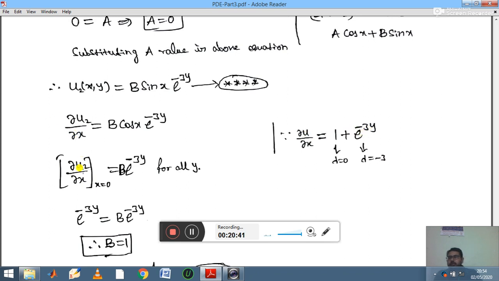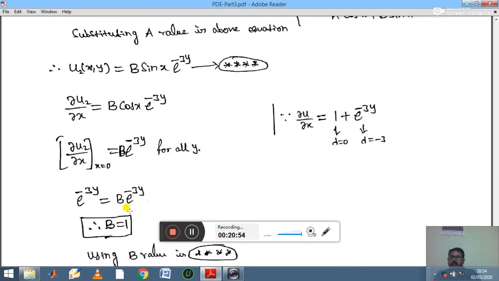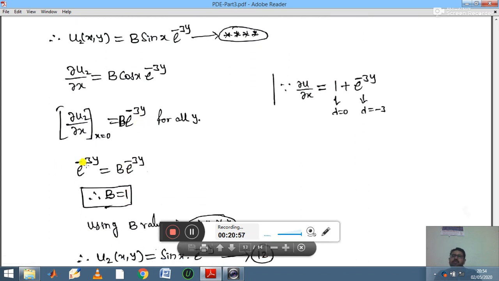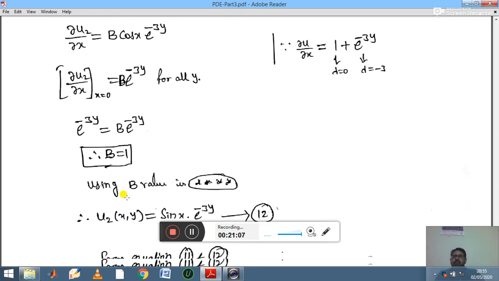Therefore in place of dou u2 by dou x, you are getting e power minus 3y is equal to b into e power minus 3y. Okay, because cos 0 value is 1, you are getting b into e power minus 3y. So LHS e power minus 3y, RHS b into e power minus 3y. So here e power minus 3y cancels, you are getting b value 1. Okay, a value is 0, b value is 1.